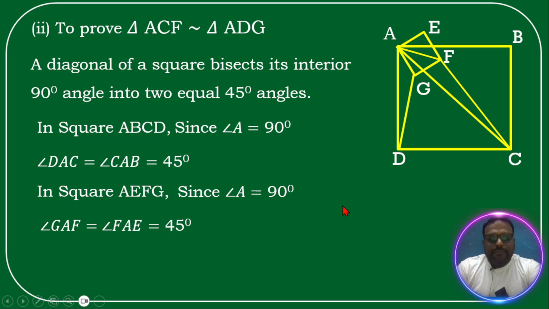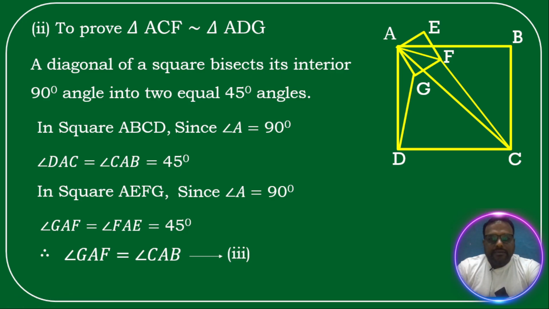Since these four angles are equal to 45 each, therefore angle GAF is equal to angle CAB. Let us name this equation 3. Please remember this equation, it is very useful for us.